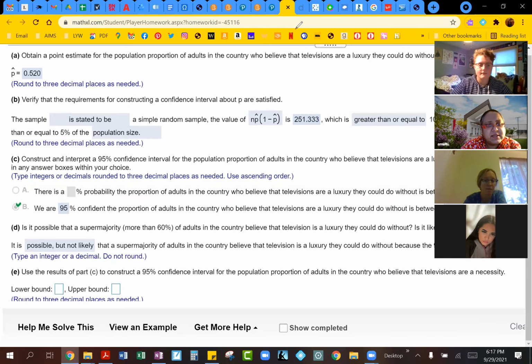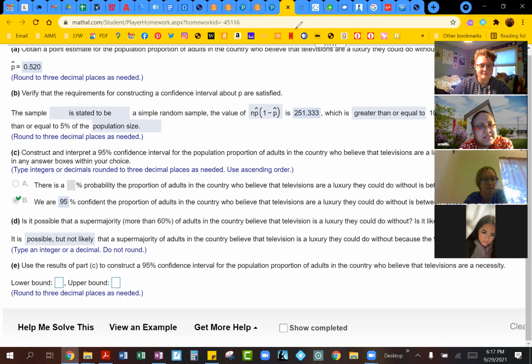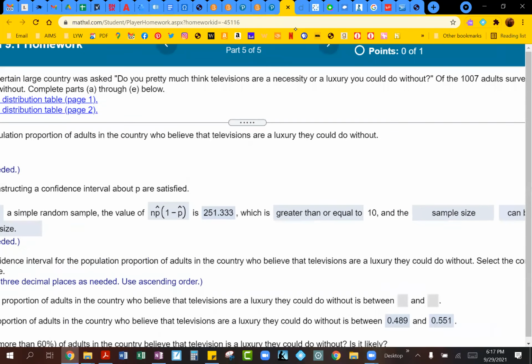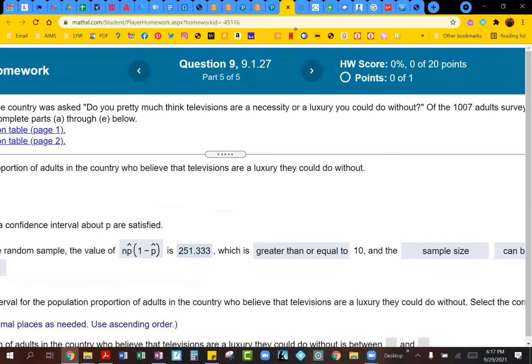I guess they don't really tell us. This one is saying use the results from part C, which is where we did the 95% confidence interval. Use the results from part C to construct a 95% confidence interval for the population proportion of adults who believe that television is a necessity. So remember, the two parts of the question was, do you think televisions are a necessity or a luxury you can do without?